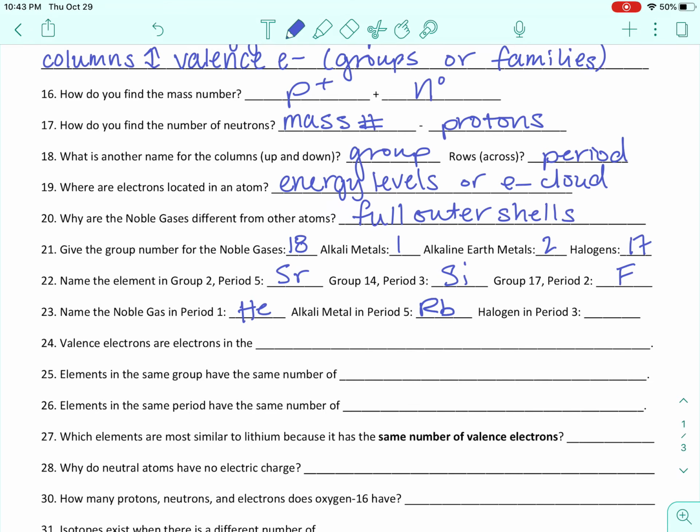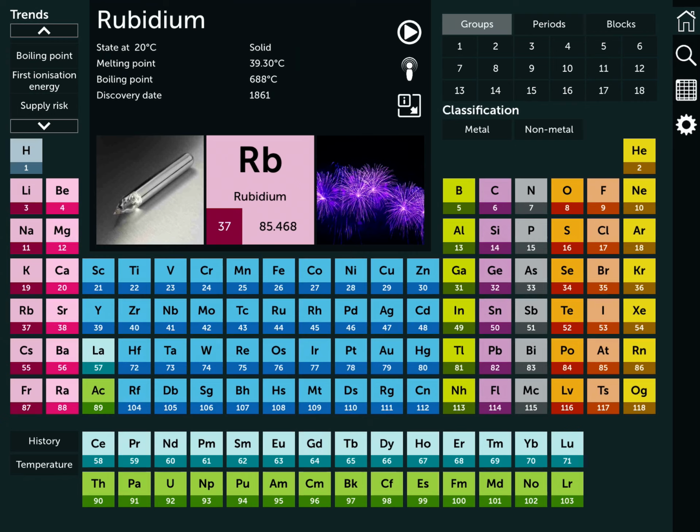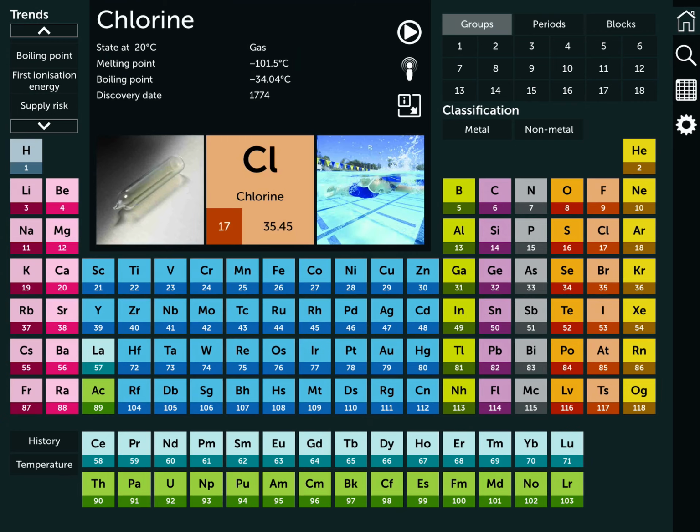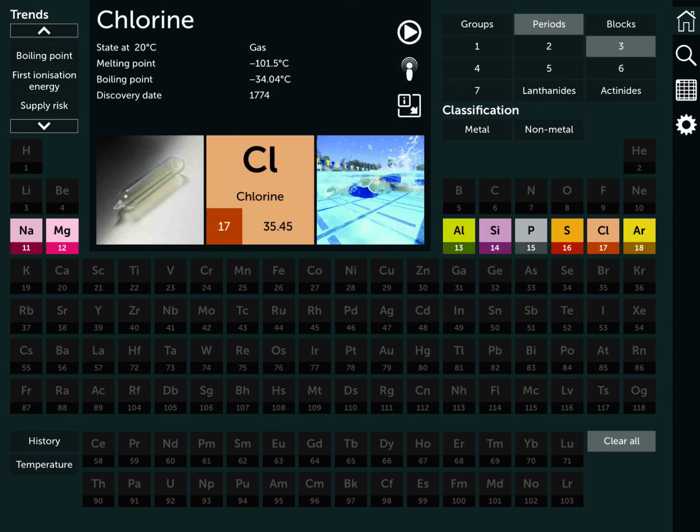And the halogen, period 3. So that's group 17, and count down to period 3. That's going to be chlorine. So you can highlight just period 3, and chlorine is a halogen in period 3.